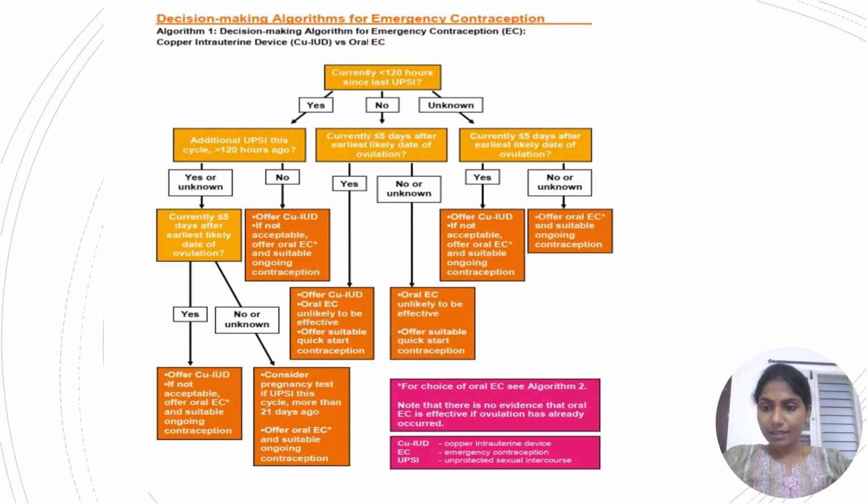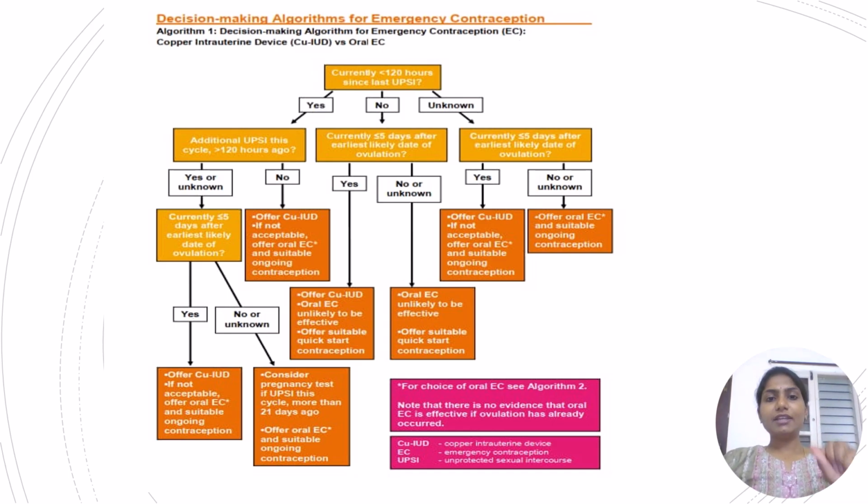But if it has already occurred, there is no point in taking an oral emergency contraception. So the golden rule is, ovulation has happened, only choice is copper T. If ovulation has not occurred, then we can choose either copper T or oral emergency contraception.